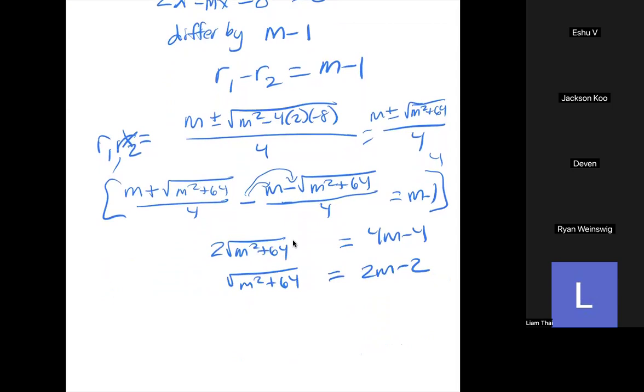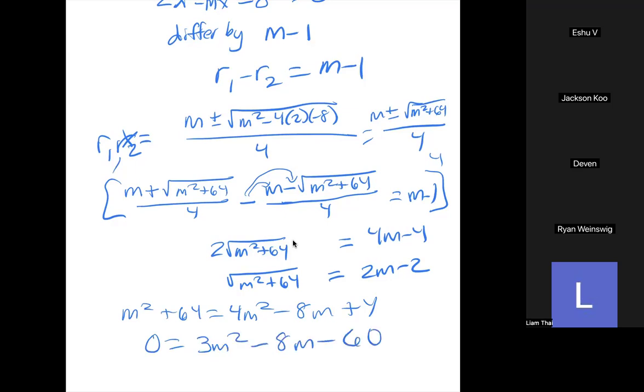You square the left side and the right side. So m squared plus 64 equals 4m squared minus 8m plus 4. And then what do you think you have to do now? Either factor or use the quadratic formula.